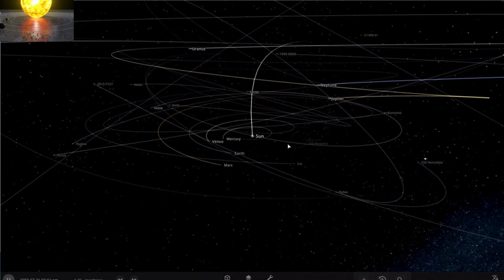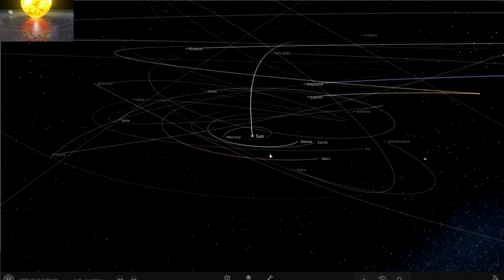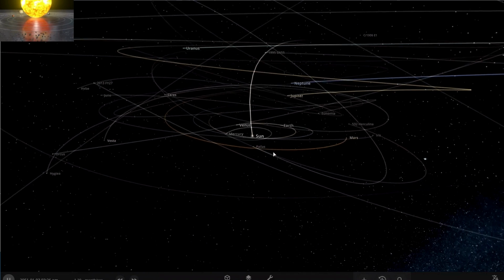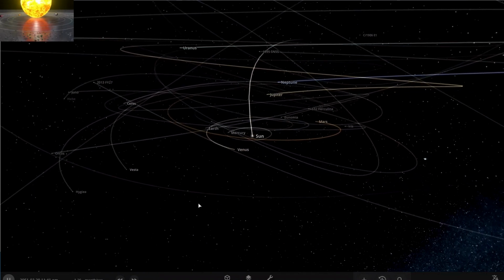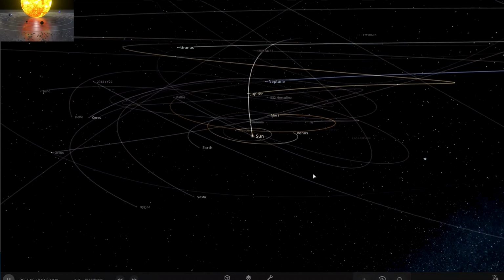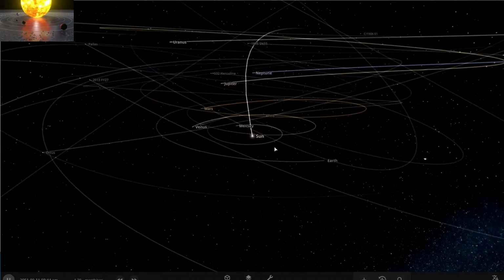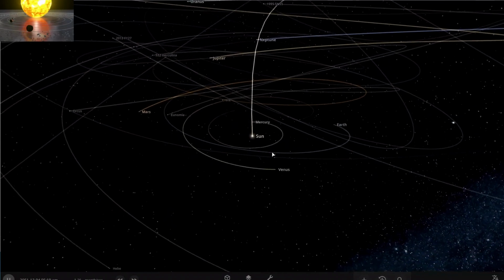From this view, we can see the planets are going around the sun, and with the sun, and there are lots of fragments, as you can see in the area. That's because of this movement of the sun.